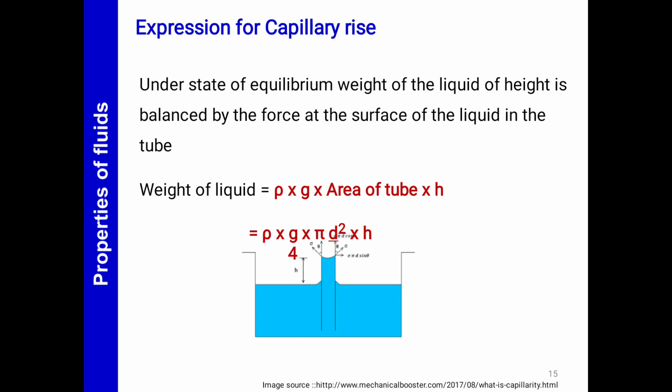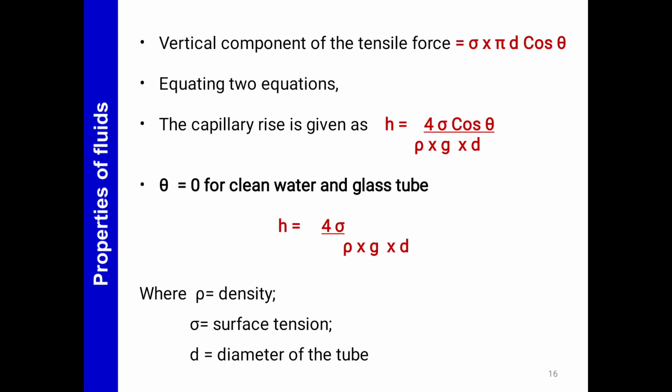So the expression for capillary rise. Under state of equilibrium, weight of the liquid of height h is balanced by the force at the surface of the liquid in the tube, where the weight of the liquid is equal to density into acceleration due to gravity into area of the tube into h. Vertical component of the tensile force is equal to sigma into pi d into cos theta.